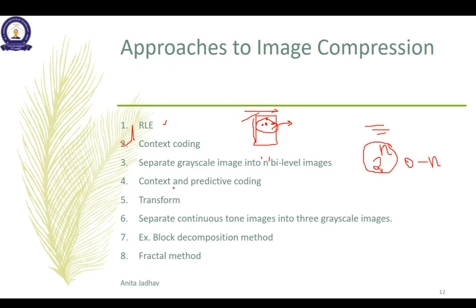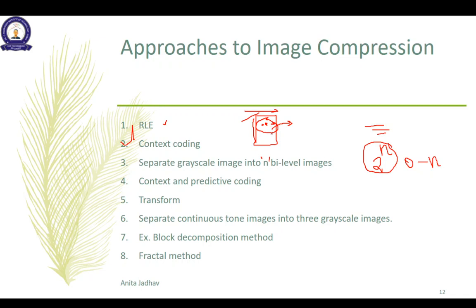Then you have context and predictive coding. Context is nothing but neighboring values. So what do we do? Whenever we have a context, we examine the values around this pixel p, and we find the average of these pixels.